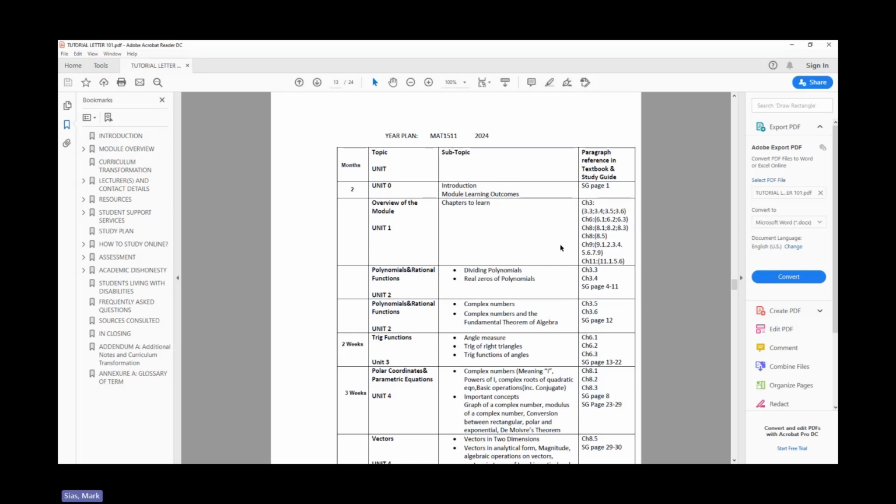So I'm not sure how far you delved into trigonometry. And my chapter 8 deals with complex numbers and so forth.